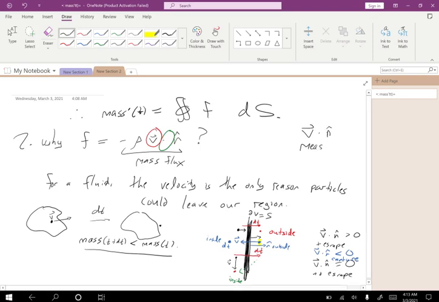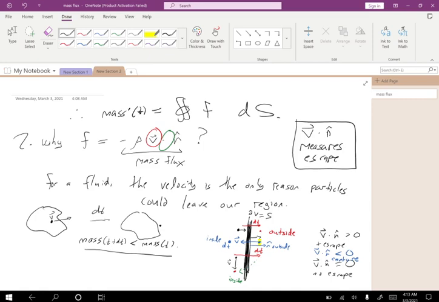So to summarize, v dot n measures the escape of the particles. And this actually accounts for why we have that annoying minus sign here too. Why the minus sign?